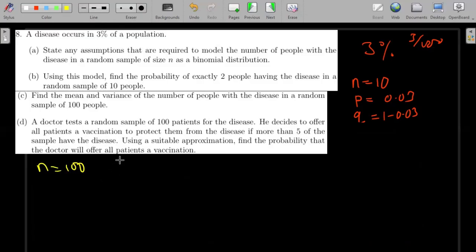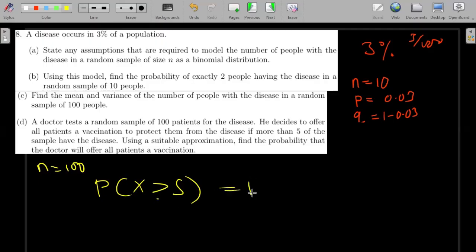Using a suitable approximation, find the probability that the doctor will offer all patients a vaccination. So here we're just simplifying the probability that x is greater than 5. Whenever you have a greater than, you have to change it into a less than.